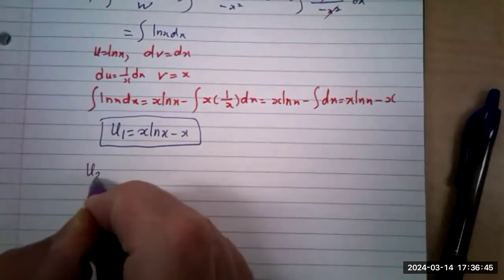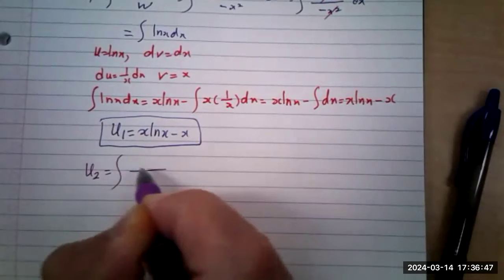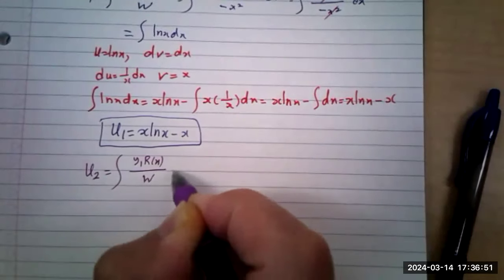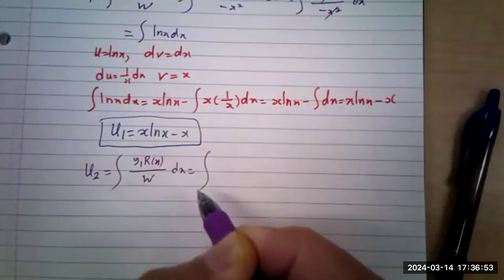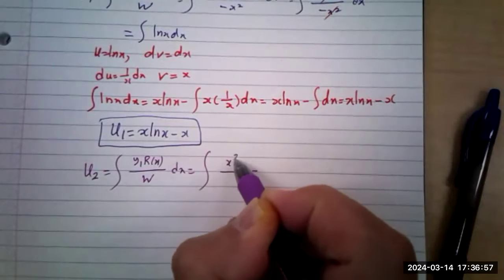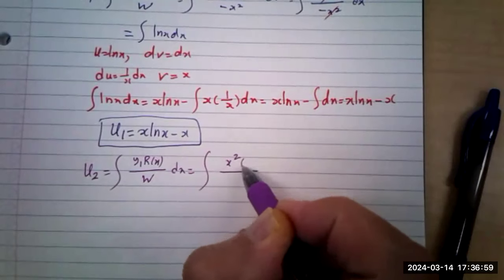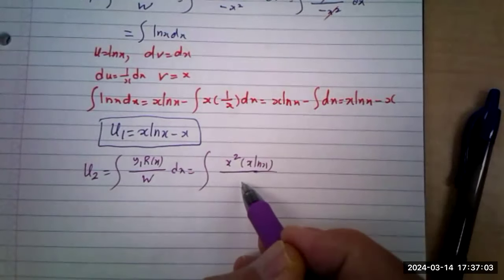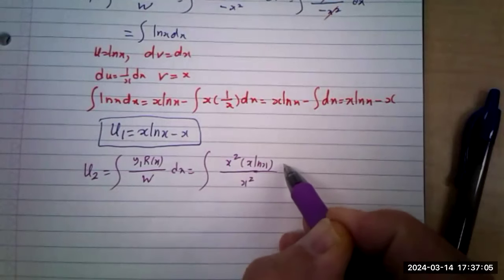Now what's u2? u2 is y1 r of x over the Wronskian. So y1 is x squared, again r of x is x ln x, now divide by the Wronskian, which is x squared.